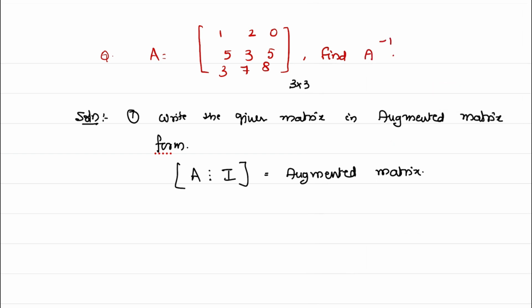Now, for this, it is a 3 by 3 matrix. What will be I? I should also be 3 by 3. I is equal to 1, 0, 0, 0, 1, 0 and 0, 0, 1. I is also a 3 by 3 matrix. This is the unit matrix.